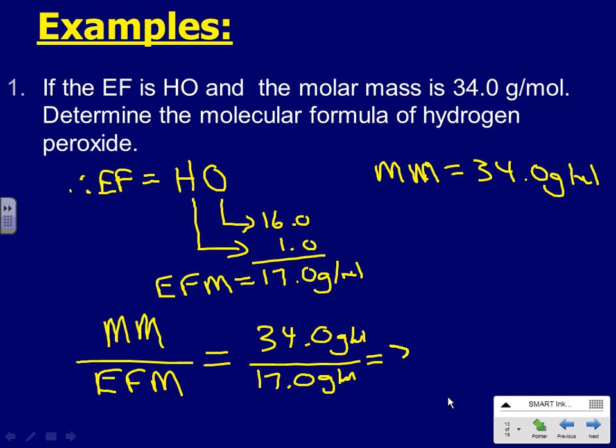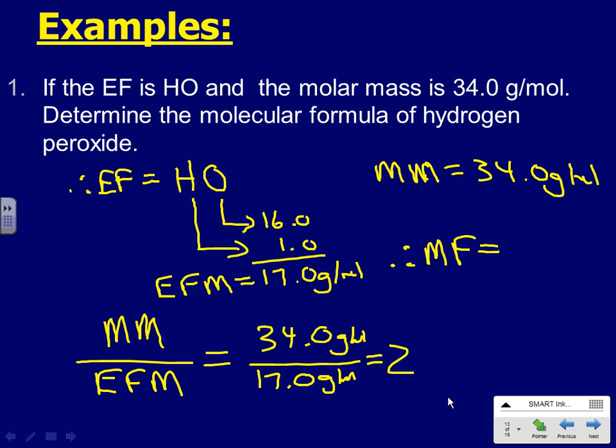And that gets us 2. What that means is this molecule is actually made up of 2 units of HO, which means now we can say the molecular formula. Therefore, the molecular formula is, well, what is it? If it's got 2 units of HO, what's the formula going to be?